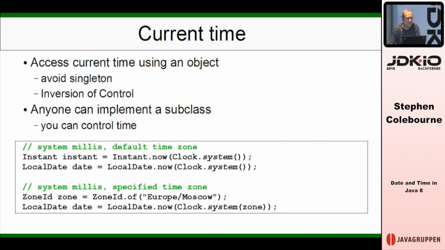Now, in Java 8, those clocks will use system current time millis, so you'll get millisecond accuracy out of your clocks. In Java 9, they'll use a higher accuracy clock. So be careful when you're moving from Java 8 to Java 9, because you'll start to get back microseconds and potentially nanoseconds within your times when you query them.